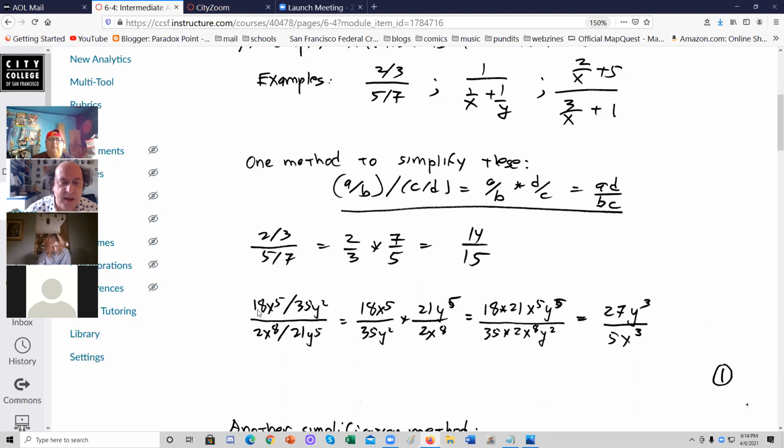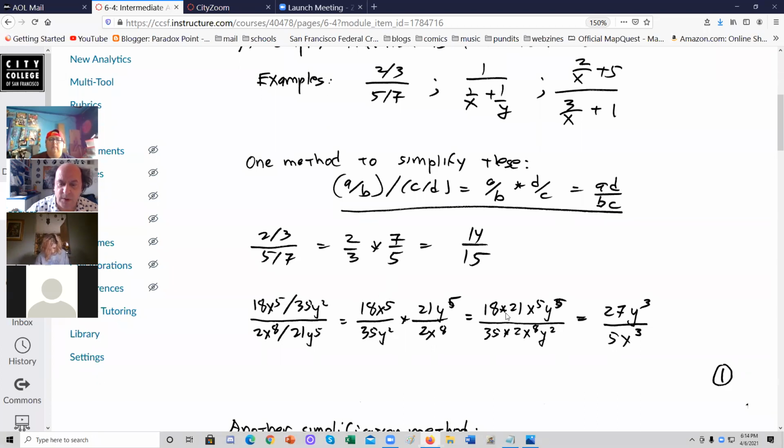You have 18x to the 5th over 35y squared divided by 2x to the 8th over 21y to the 5th. The numerator, 18x to the 5th over 35y squared, is multiplied by the reciprocal of the denominator, 21y to the 5th over 2x to the 8th. Then you multiply across, and then we'll have to remove common factors.